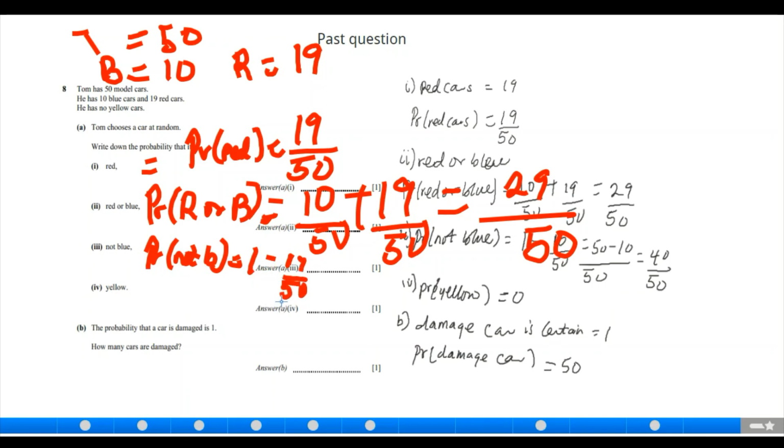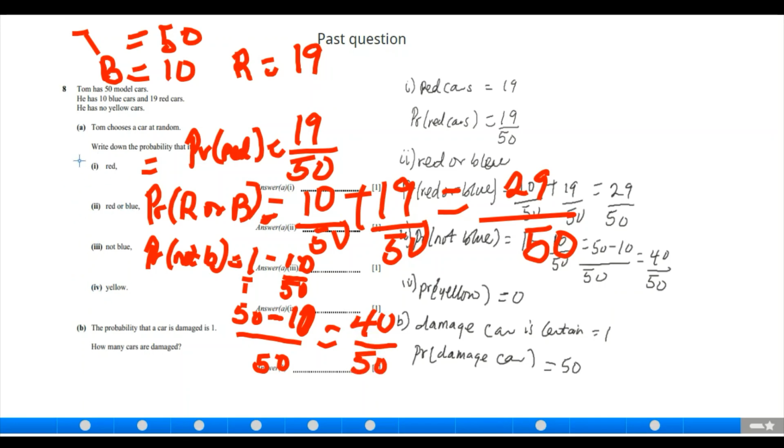If you find the LCM, it's going to be 50. 1 is 50 over 50, minus 10, everything divided by 50. So 50 minus 10 is 40 over 50. So that's the probability that it is not blue.